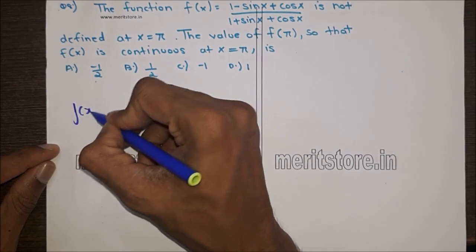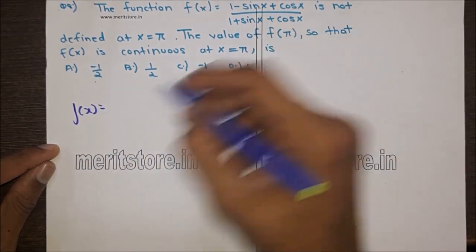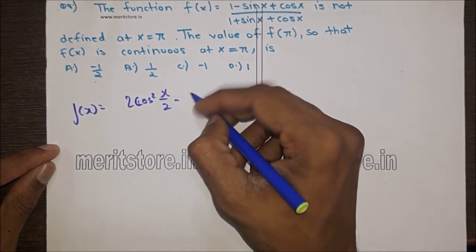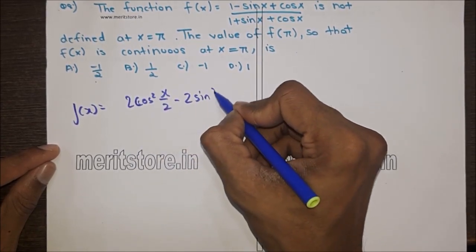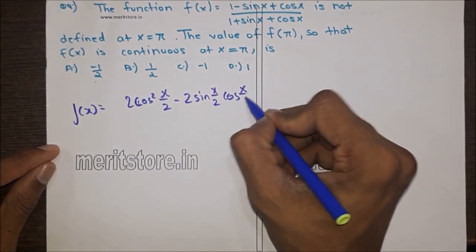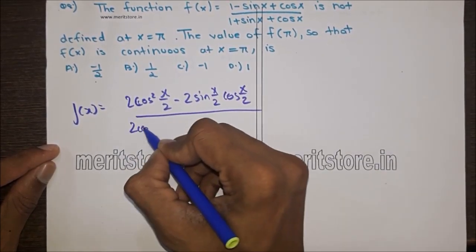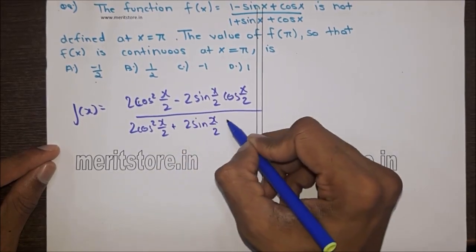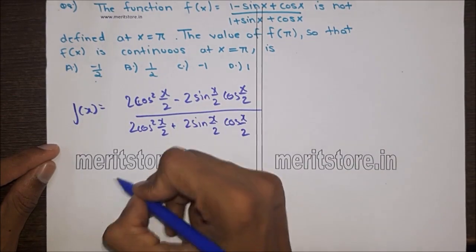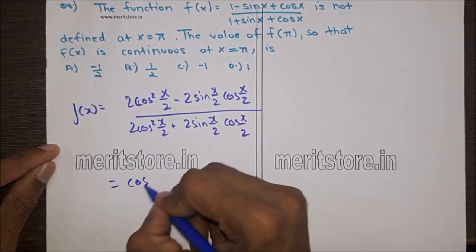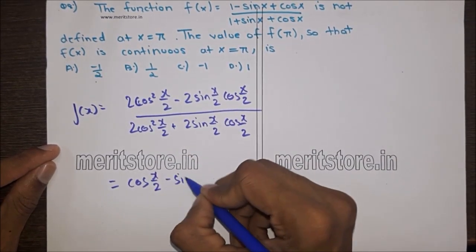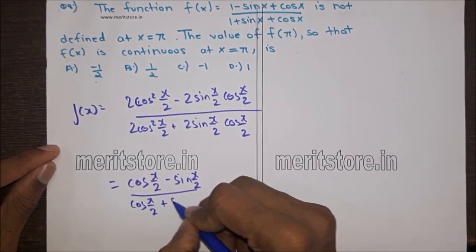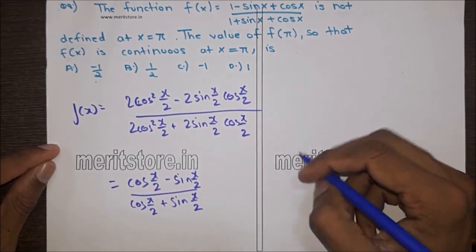We have f(x) equal to, we can write this function as (2cos²(x/2) - 2 sin(x/2) cos(x/2))/(2cos²(x/2) + 2 sin(x/2) cos(x/2)), which can further be written as (cos(x/2) - sin(x/2))/(cos(x/2) + sin(x/2)).